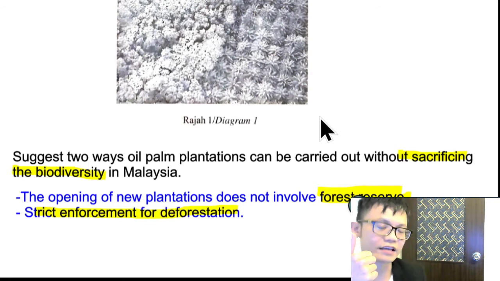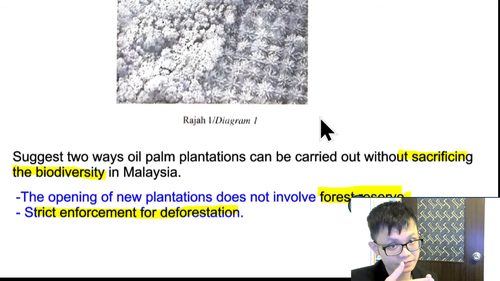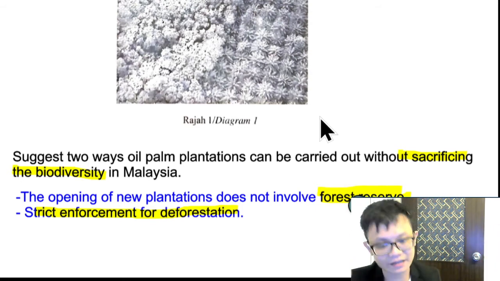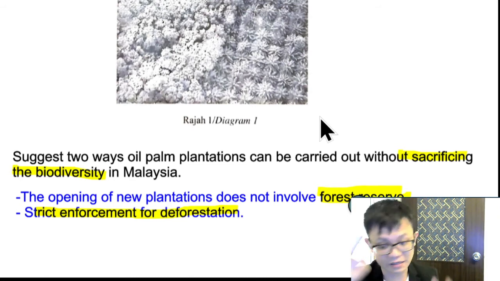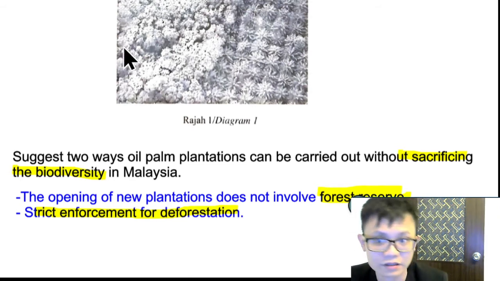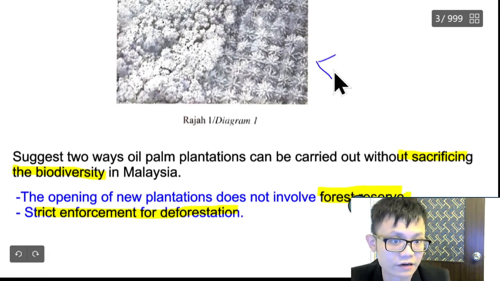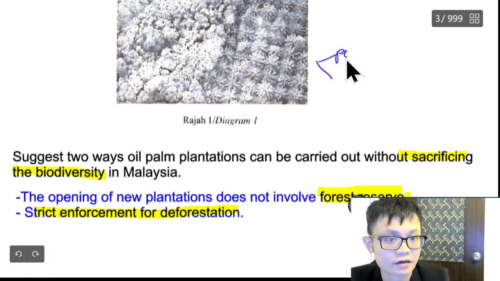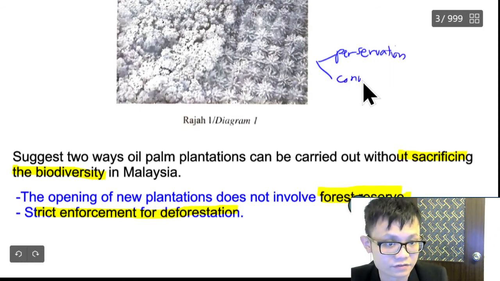So the first thing, we must plan properly. Don't cut everywhere. After cutting, you need to plant back. Usually this whole thing, if you look back at your Standard 6 book, is talking about how every time you can cut trees, but it's about preservation and conservation.